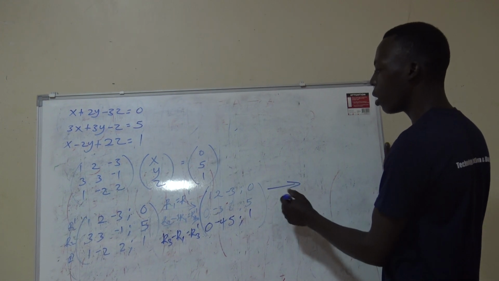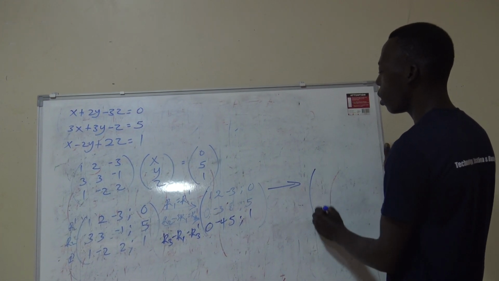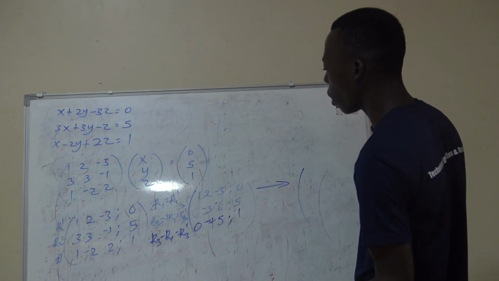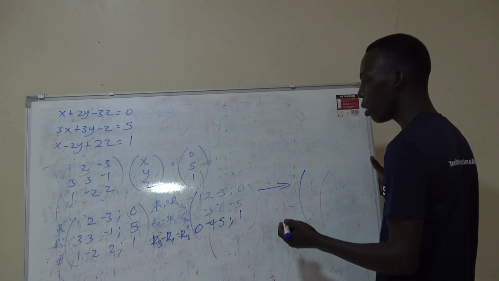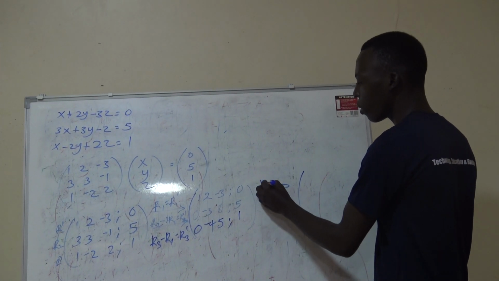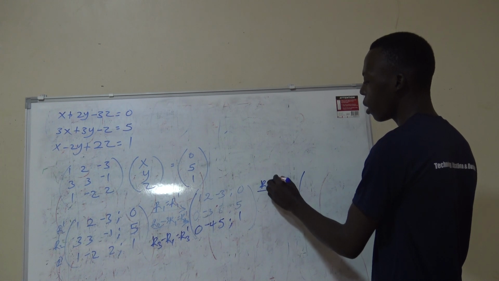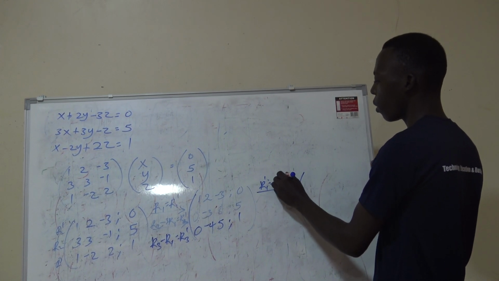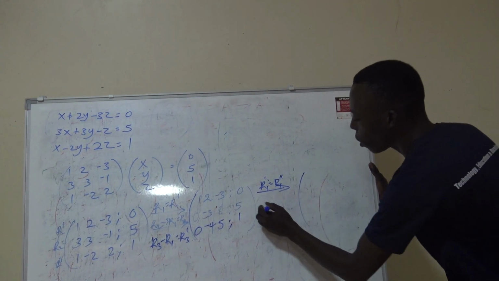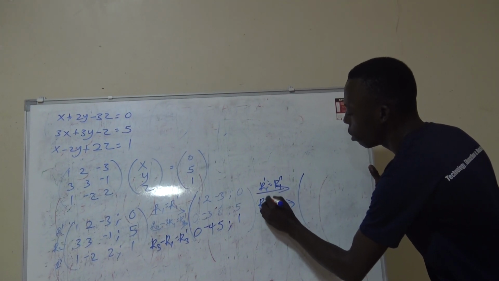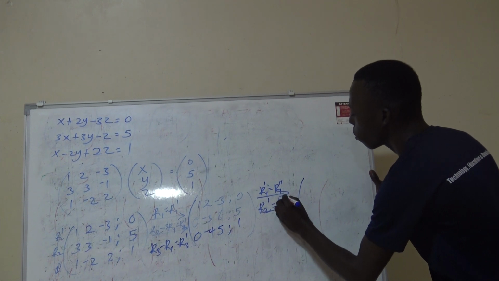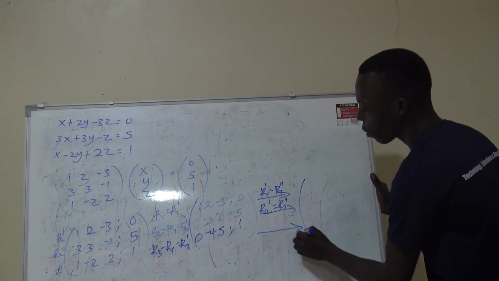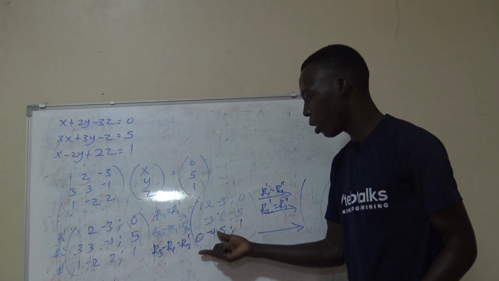So also this one, we take it to the next stage, which is R1 double prime, R2 double prime. Here R1 is the same as R1 double prime, and R2 prime is the same as R2 double prime.